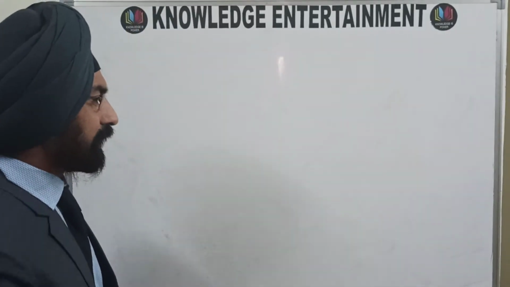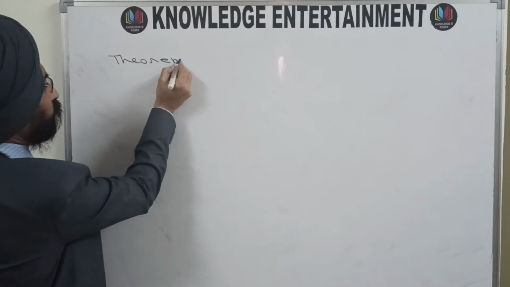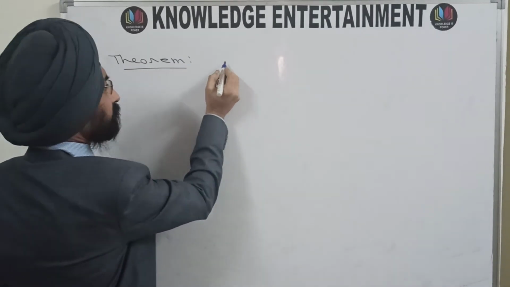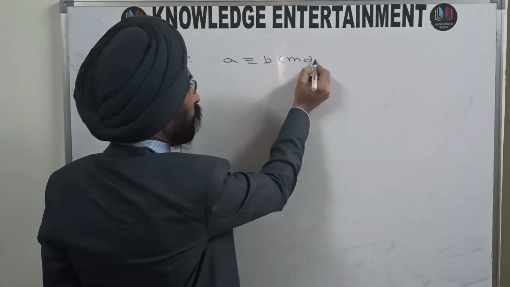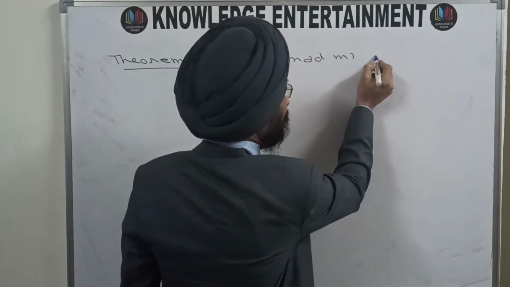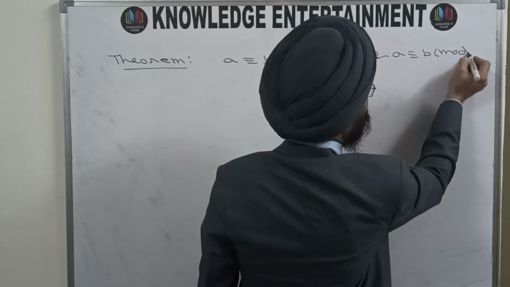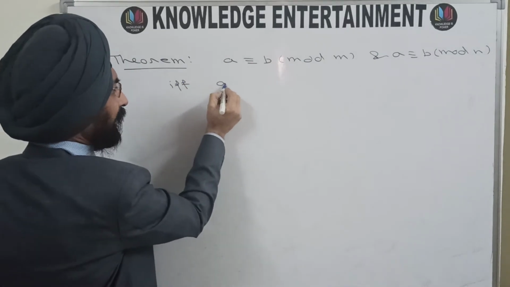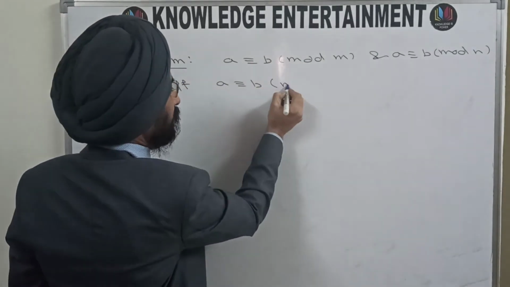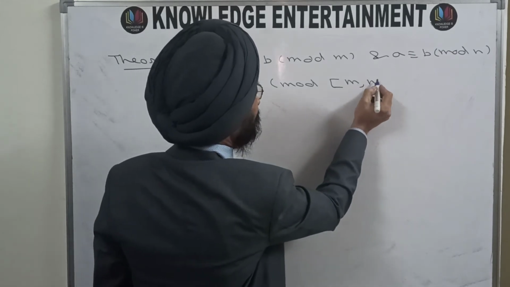The next theorem says, just write down the statement and then the proof will be provided. The theorem is: A is congruent to B modulo m and A is congruent to B modulo n if and only if A is congruent to B modulo LCM of m and n.